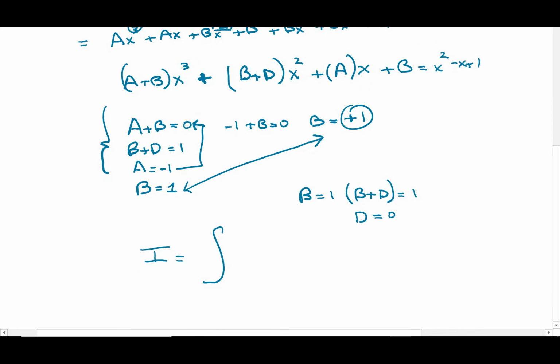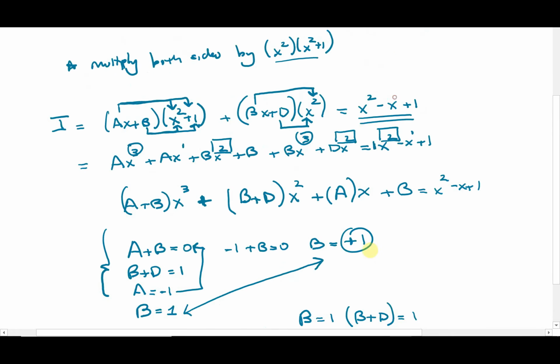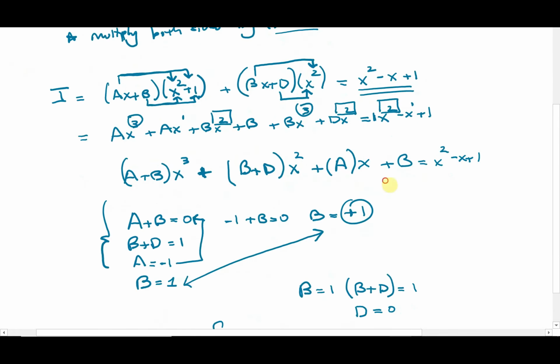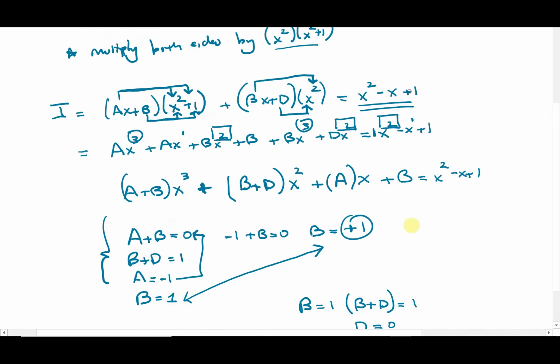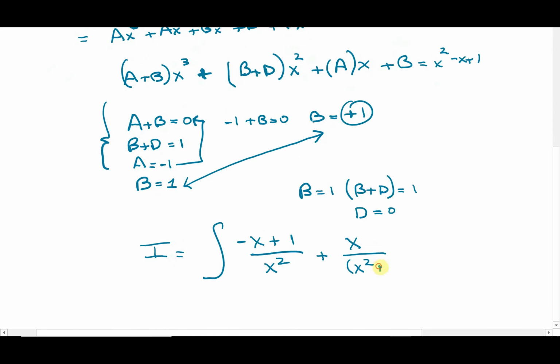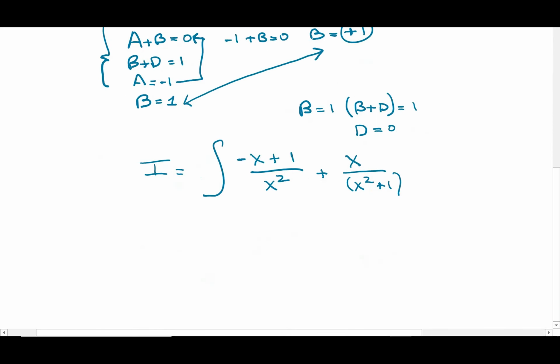So we have a equals -1, -x, plus b is 1 over x squared, plus bx plus d, which is 0, over x squared plus 1, and then all of this by dx.